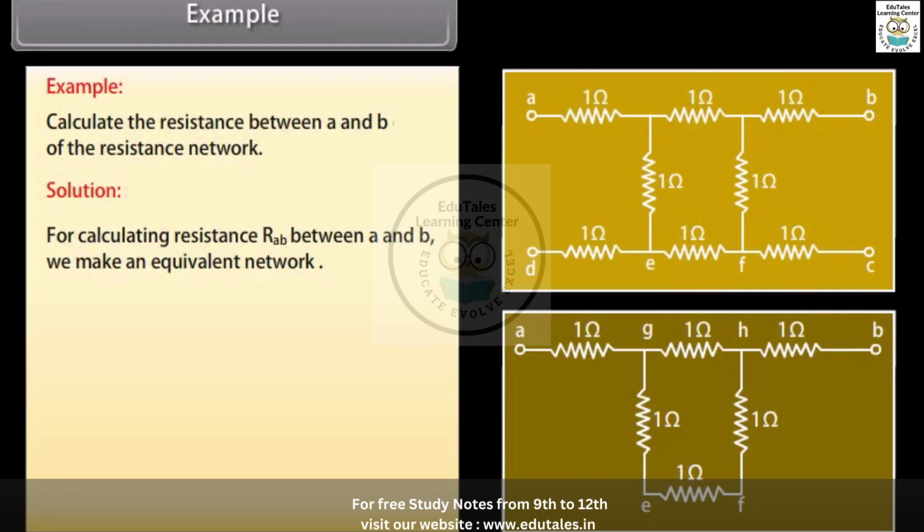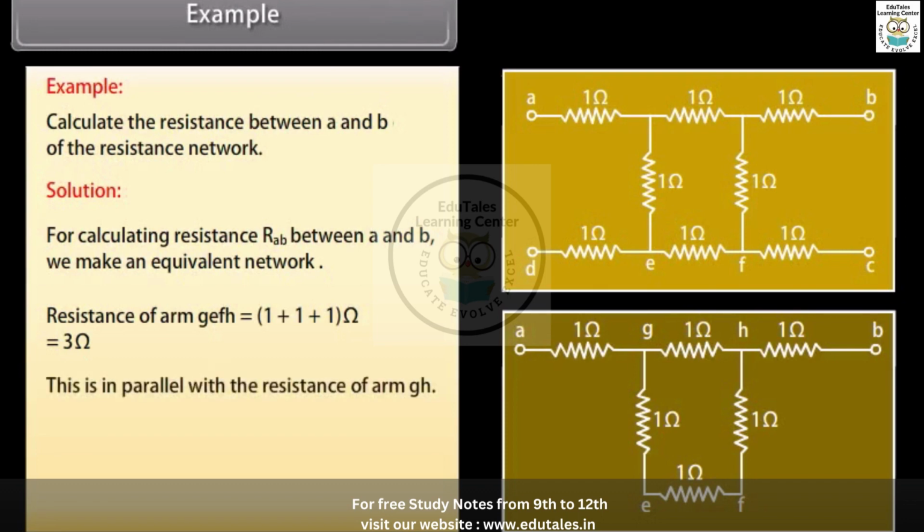Now we calculate resistance of arm GEFH, which is equal to (1 + 1 + 1) = 3 ohm. This is in parallel with the resistance of arm GH.